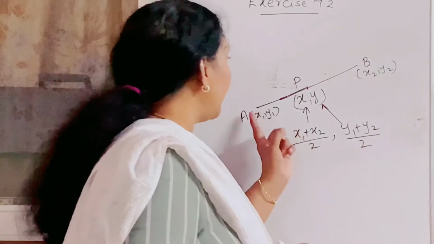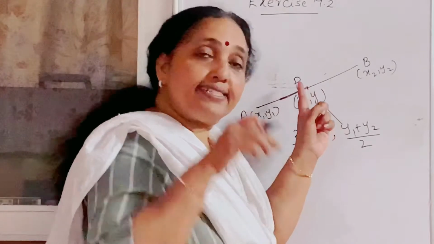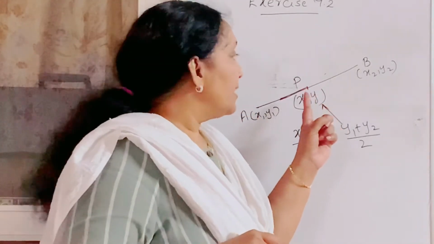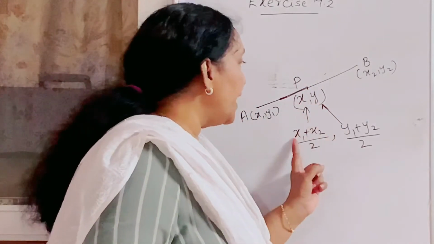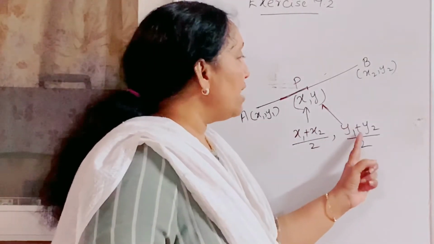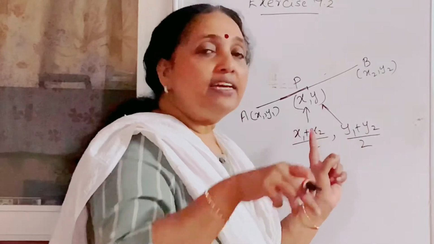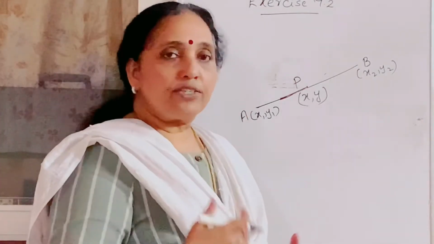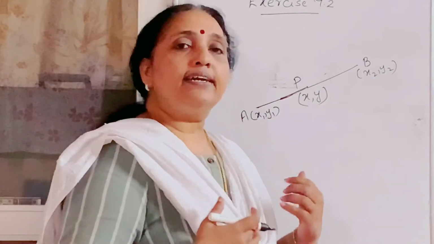That means in the line segment AB, if P is the midpoint, then the coordinates of P will be x1 plus x2 by 2 and y1 plus y2 by 2. Now the next question type is to find the ratio.